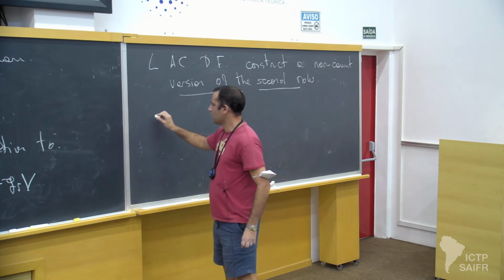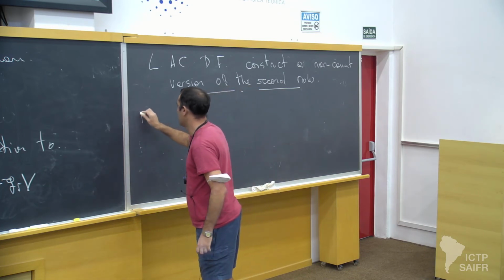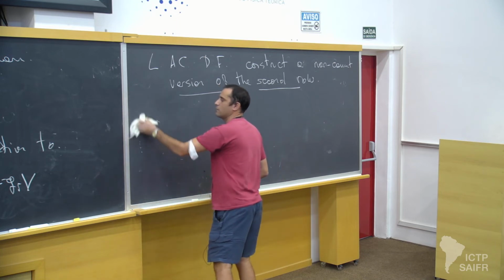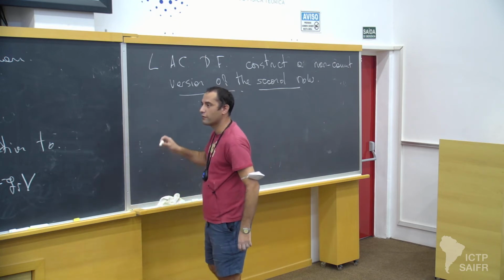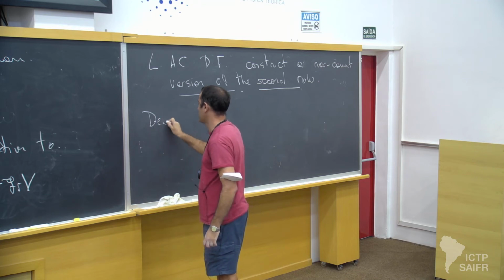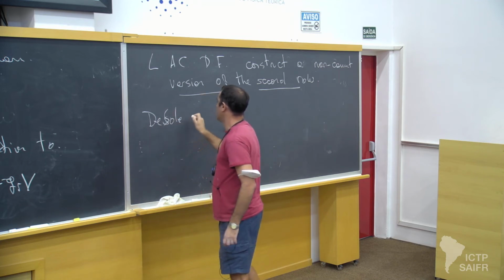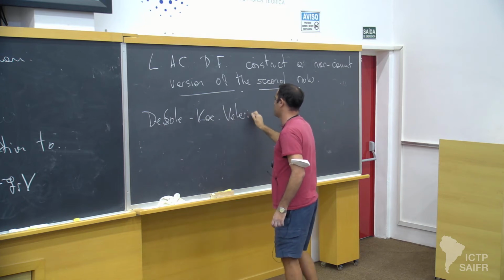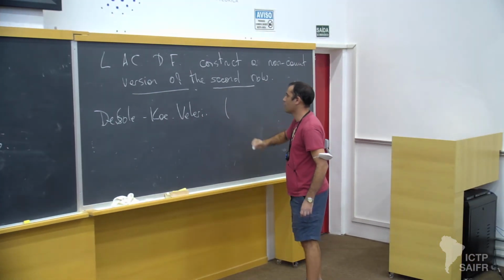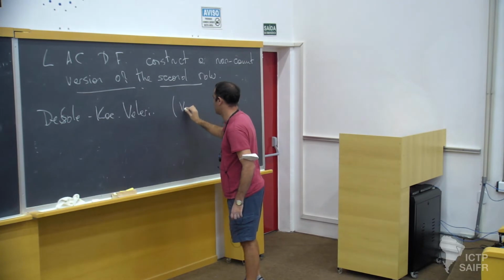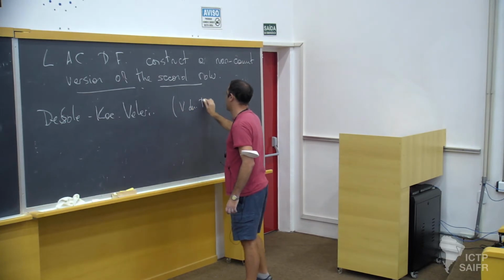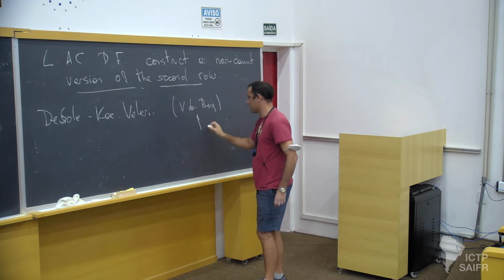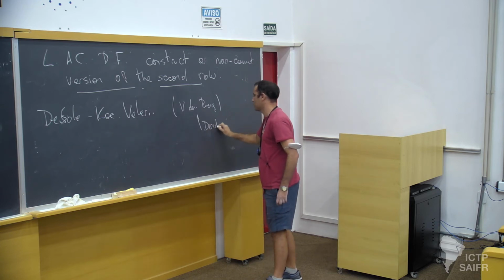Okay. So the order is different again. I don't know. Apparently, I don't know alphabetical order. So De Sole, Kac, and Valeri, following work of Michel Van den Bergh. So he defined double Poisson algebras.